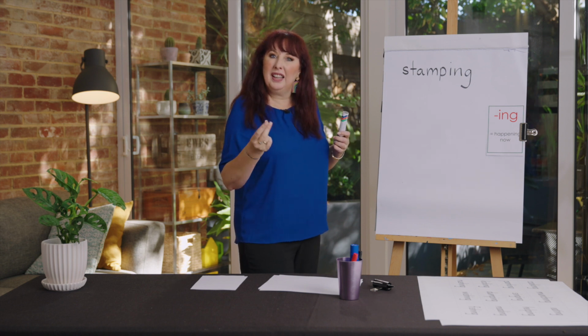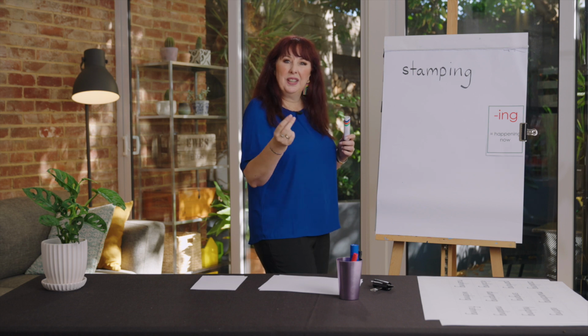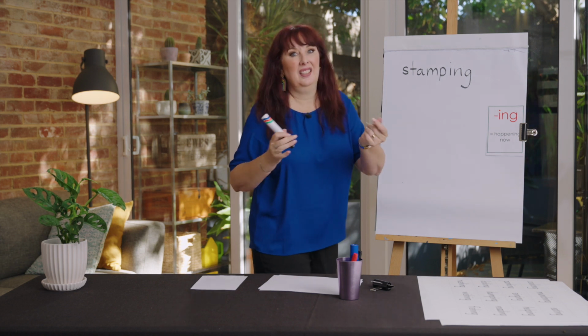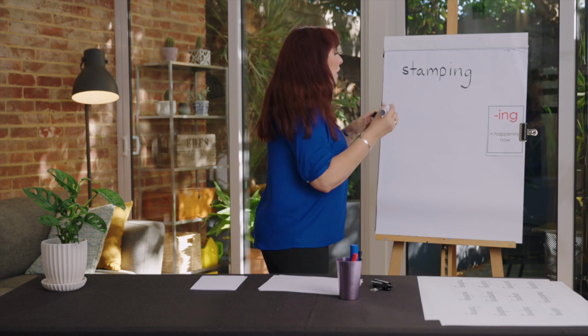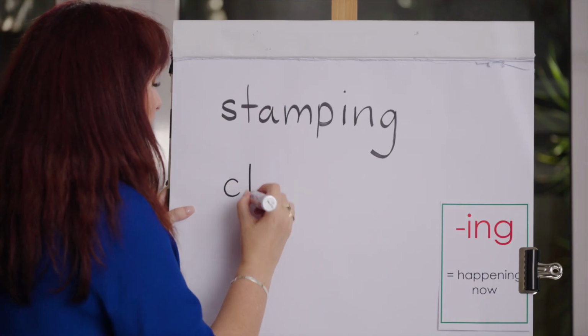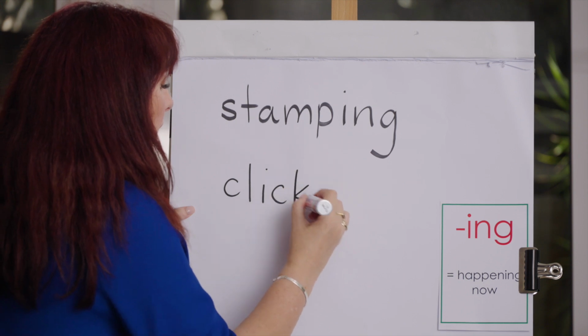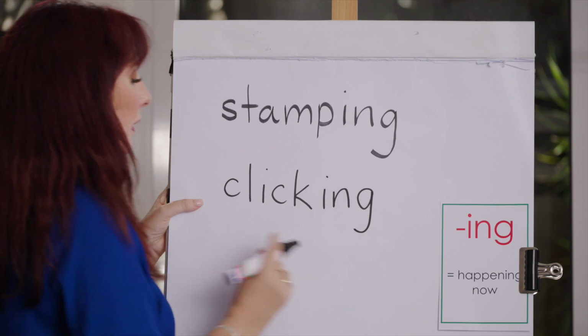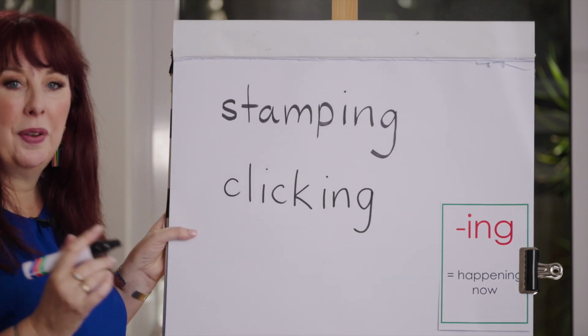How about I can click my fingers. I am clicking my fingers. Can you click your fingers? Let me have a listen. It's really hard. I can't. This one doesn't work at all. Let's write click. Click, ing. Clicking. I am clicking my fingers.